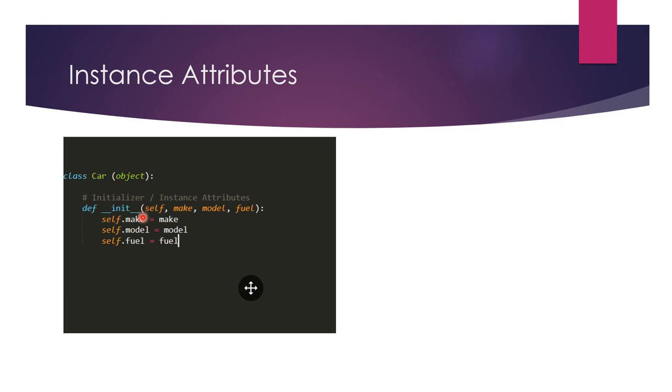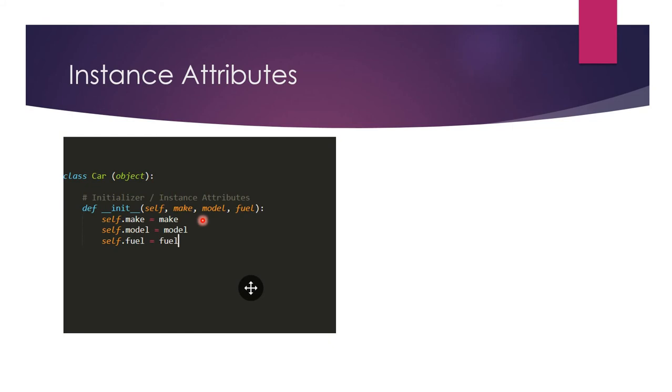Whenever objects are created out of this class, we need to set these properties for those objects, and that is done using this init method. The init method is used to initialize or instantiate those objects out of this class.